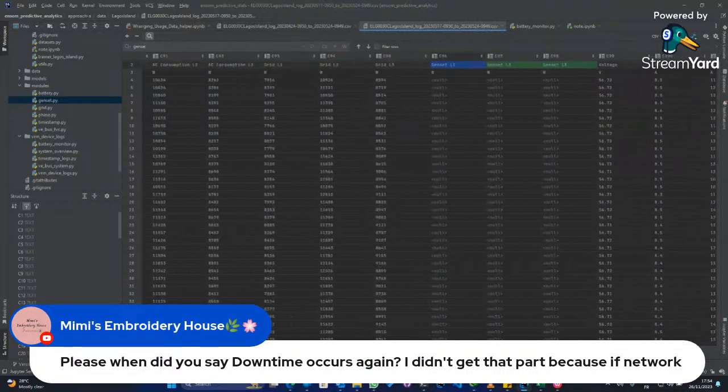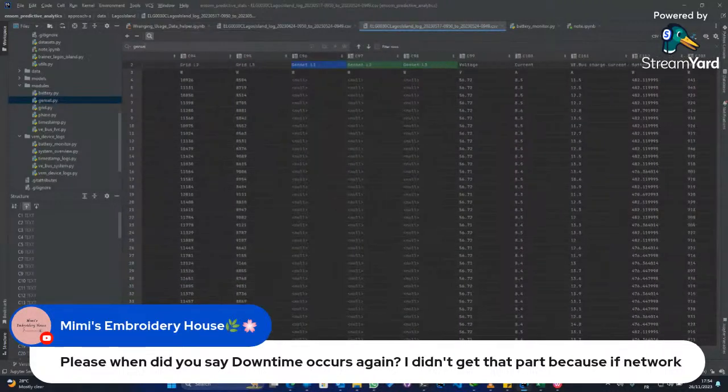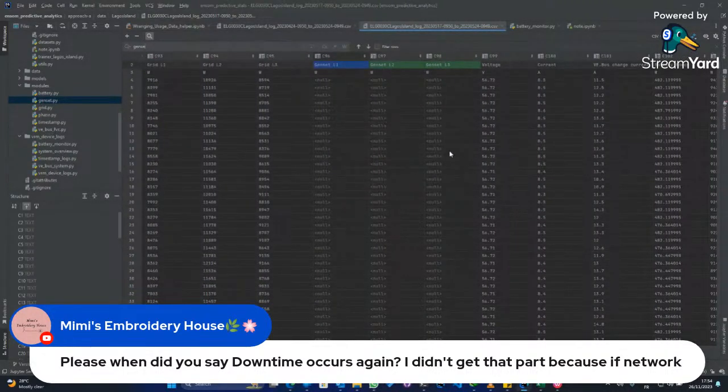Now, can you see this part? Grid line one, grid line two, grid line three, genset line one, genset line two, genset line three. Ola, just confirm. Yes, I can see the column. Okay, great.